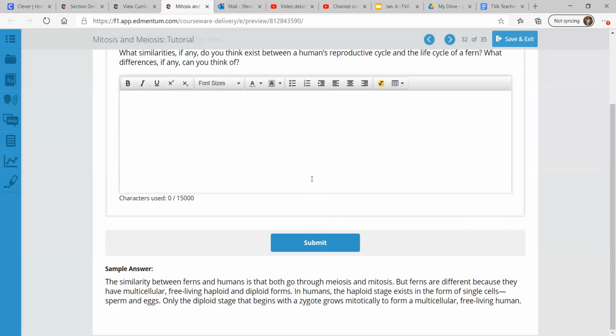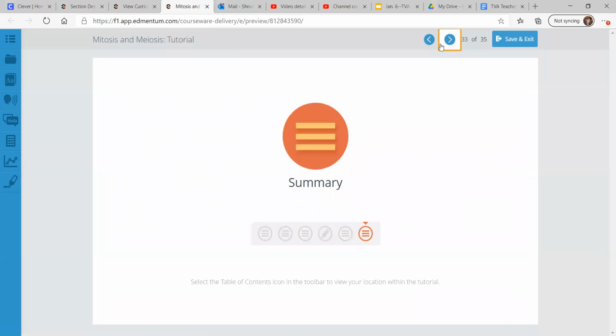Only the diploid stage, which begins with a zygote, grows mitotically to form a multicellular, free-living human being. Excellent sample answer.